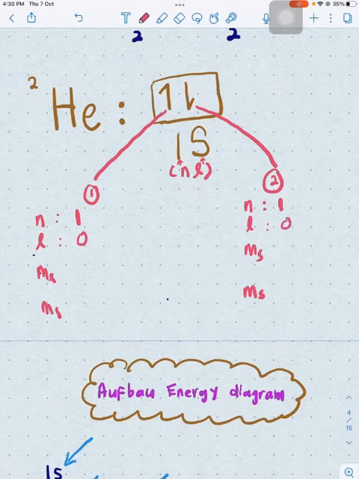Sebab dia masih lagi berada dalam orbital 1s kan, bilik yang sama. So of course the shape is the same. So nampaknya N dengan L for both electrons are still the same. So macam tidak sama macam Pauli cakap tadi lagi lah. Okay, so now let's move to ML pula. What is the value of ML for elektron yang pertama?